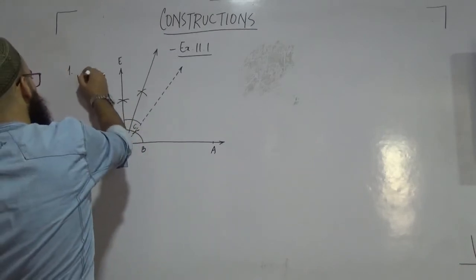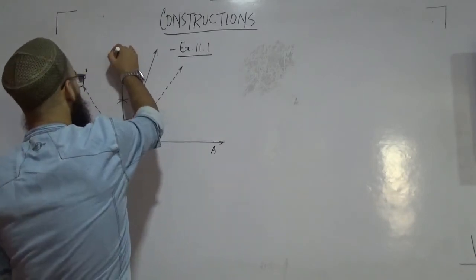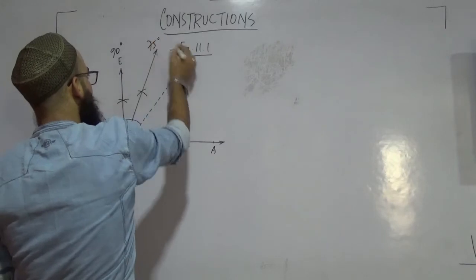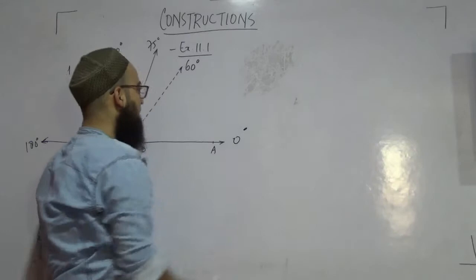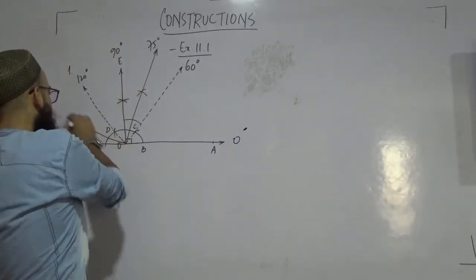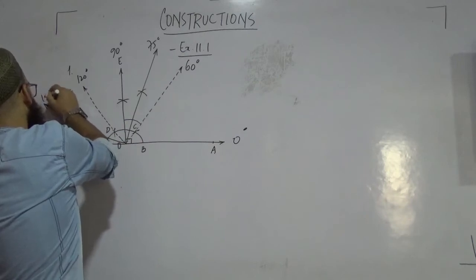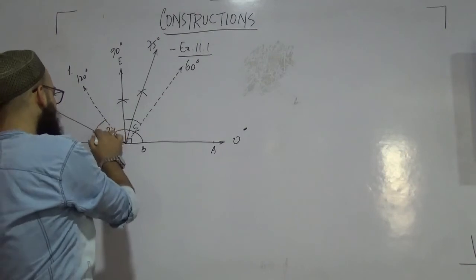Now bisect the arm of 180 and the arm of 120. This was the arm of 120 degrees. This is the arm of 180 degrees. This is the arm of 90 degrees, the arm of 75 degrees, the arm of 60 degrees. Now this is 0 degrees. Now the arm of 120 and 180, bisect this, you will get the arm of 150 degrees. Then bisect the arm of 120 and 150, you will get 135 degrees.